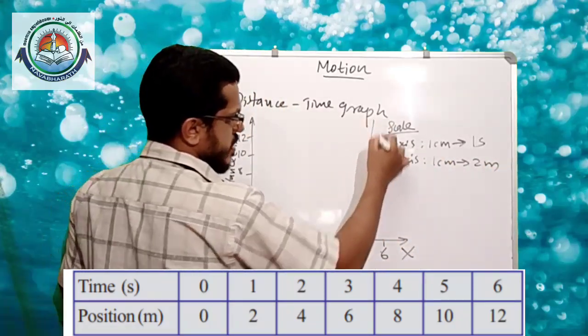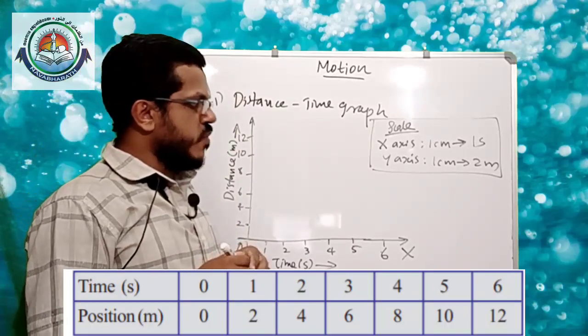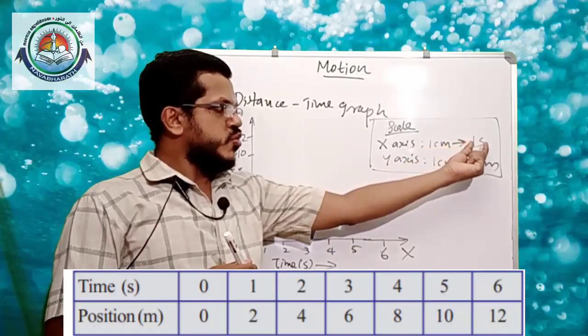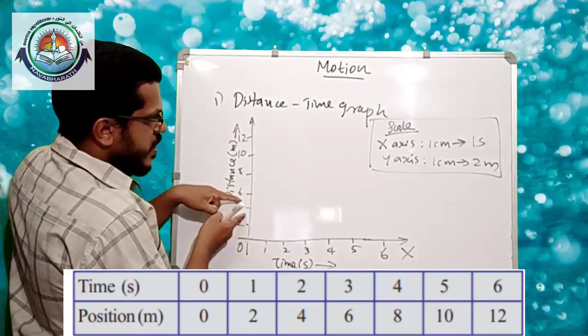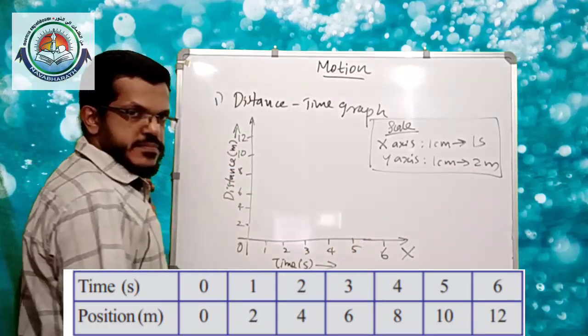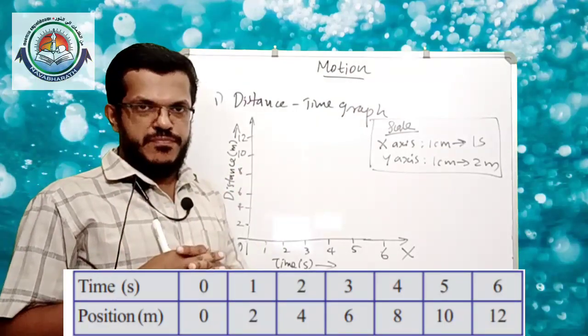And this is known as the scale of a graph. On x-axis, 1 centimeter is equal to 1 second, and all the 1 centimeter should be equal to 1 second. In the case of y-axis, all the 1 centimeter should be equal to 2 meter. That means the scale must be equal in every graph.